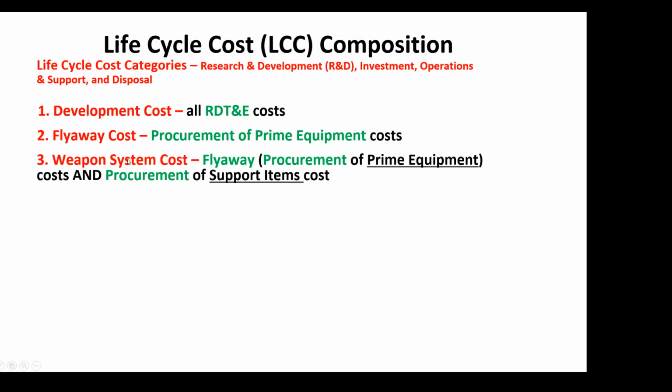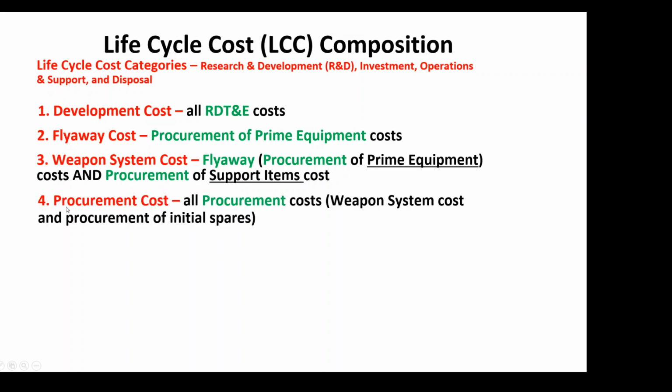The third is weapon system costs. Weapon system cost includes this flyaway cost, prime item, and procurement of support items. So two procurement costs associated with the weapon system cost: flyaway, which is procurement of the prime equipment, and procurement of support items.